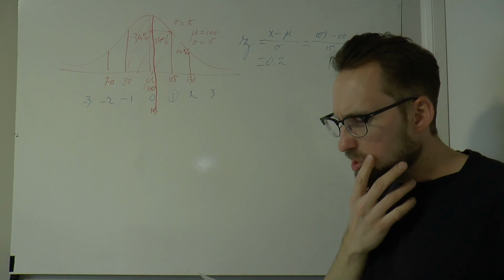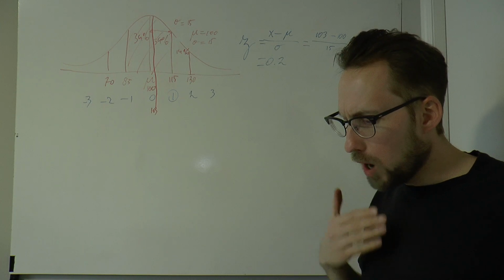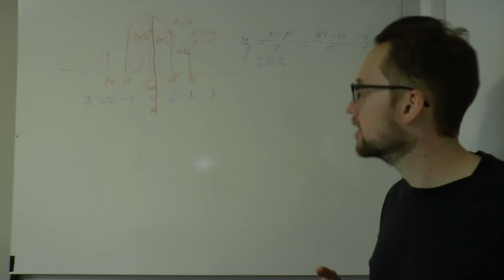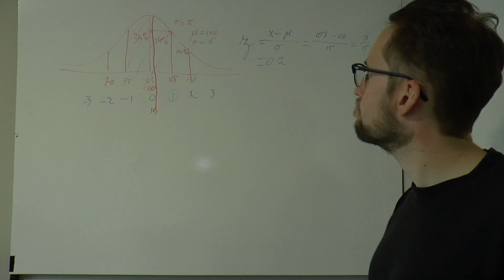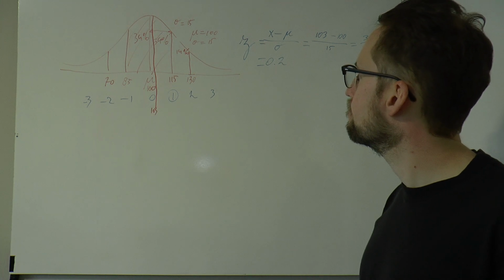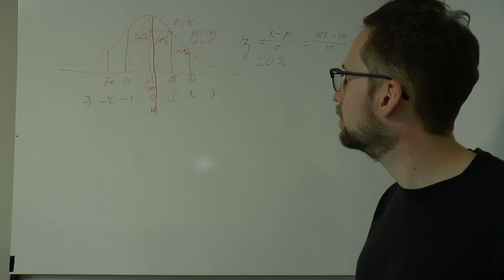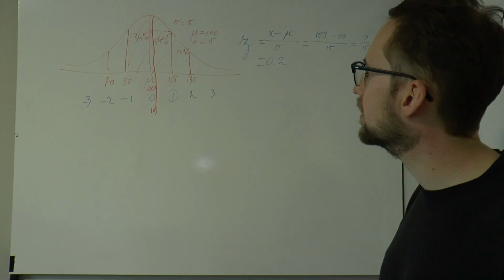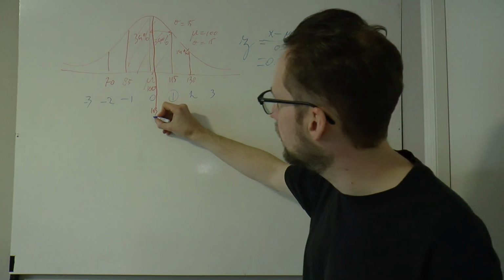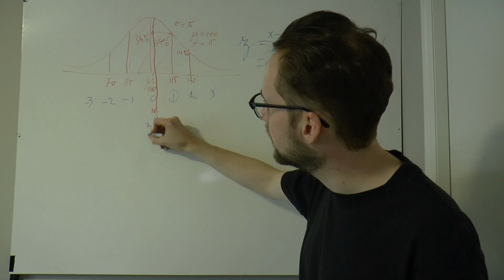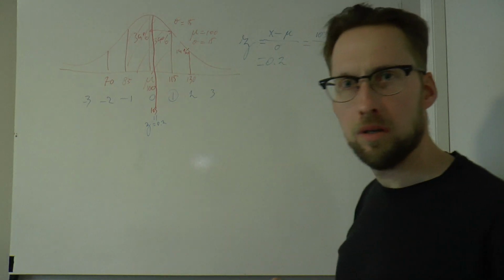Question 3. What percentage of people in the population have an IQ higher than Mr. Vomit Bucket's? Okay, well, what am I looking at? I'm just going to do this in blue just because I already marked some stuff there. This is his IQ. We know this equals a z-score of 0.2.